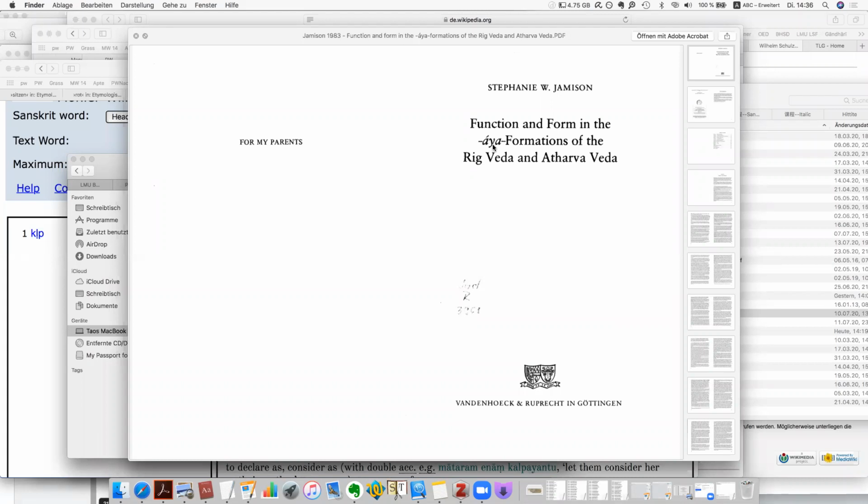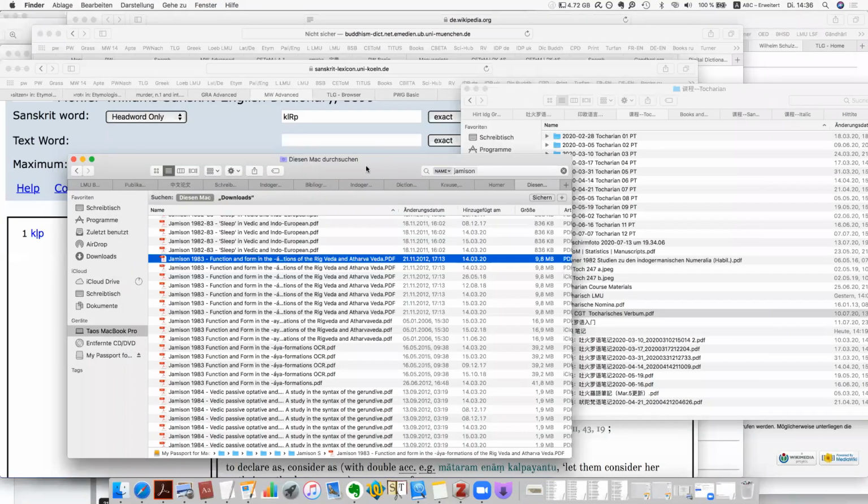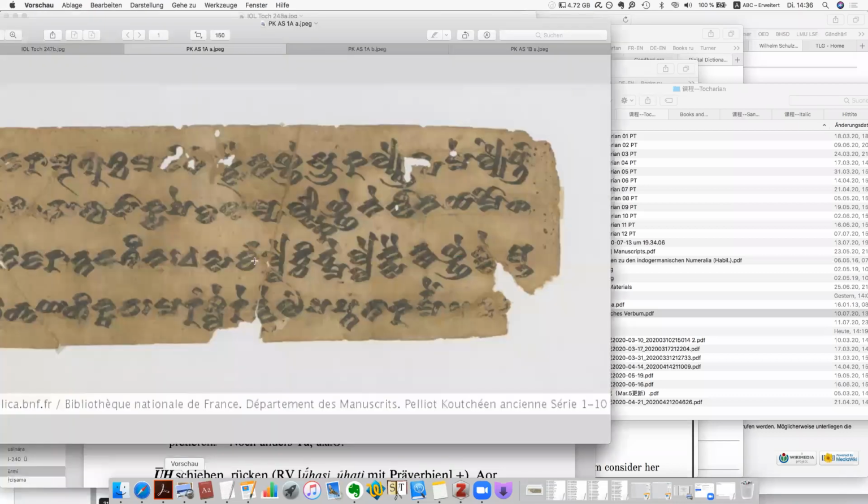So it's actually transitive and causative. Okay, causative in the sense of transitive. Okay, so let's move on to the reading.